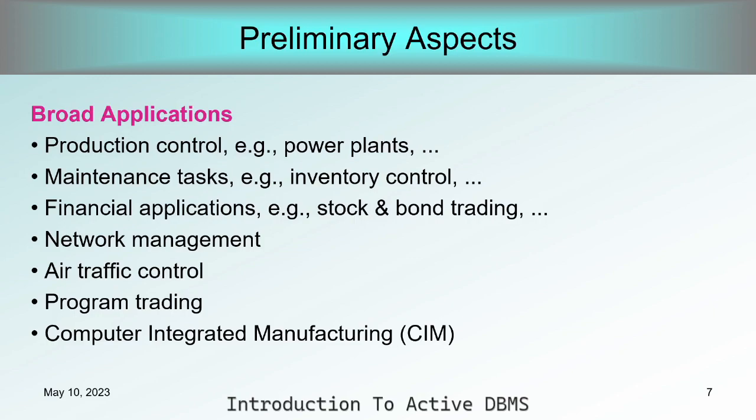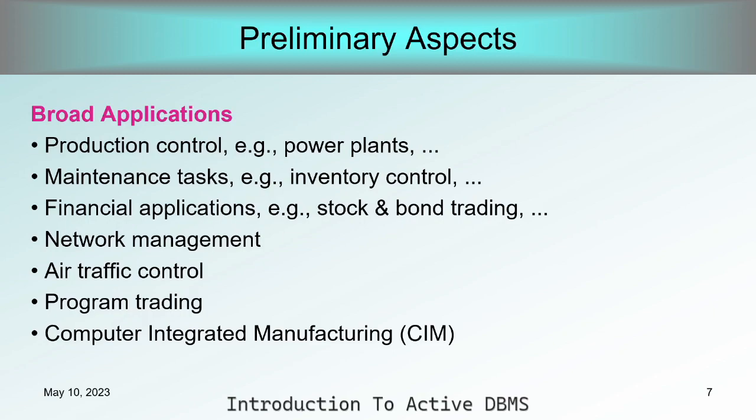There are broad applications where active DBMS can be implemented. One such is production control. For example, you can set it for a power plant, or for maintenance tasks, or for an inventory control system. You can set it for financial applications, where stock and bond trading are the preliminary aspects of any financial system.